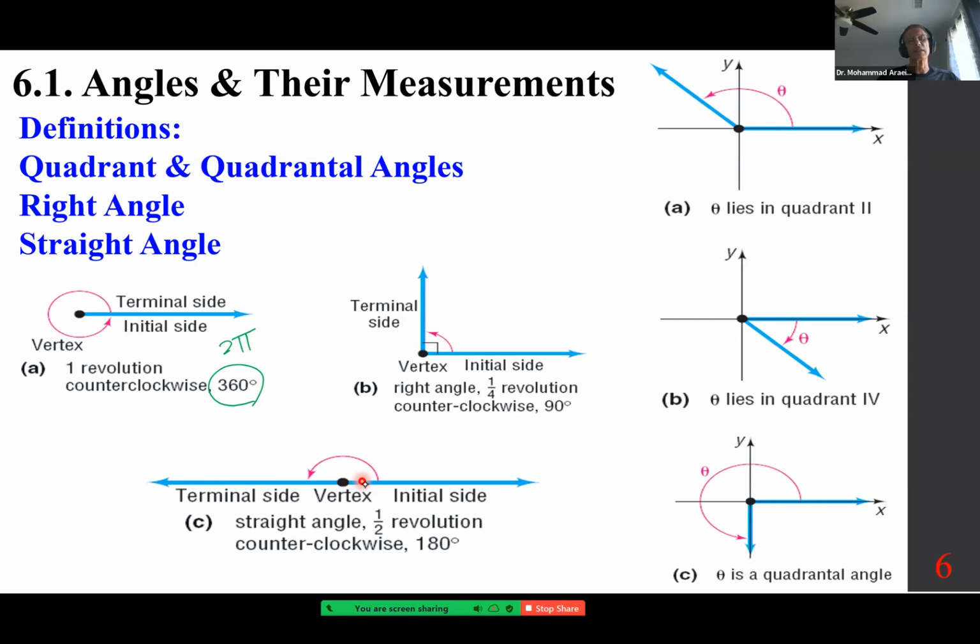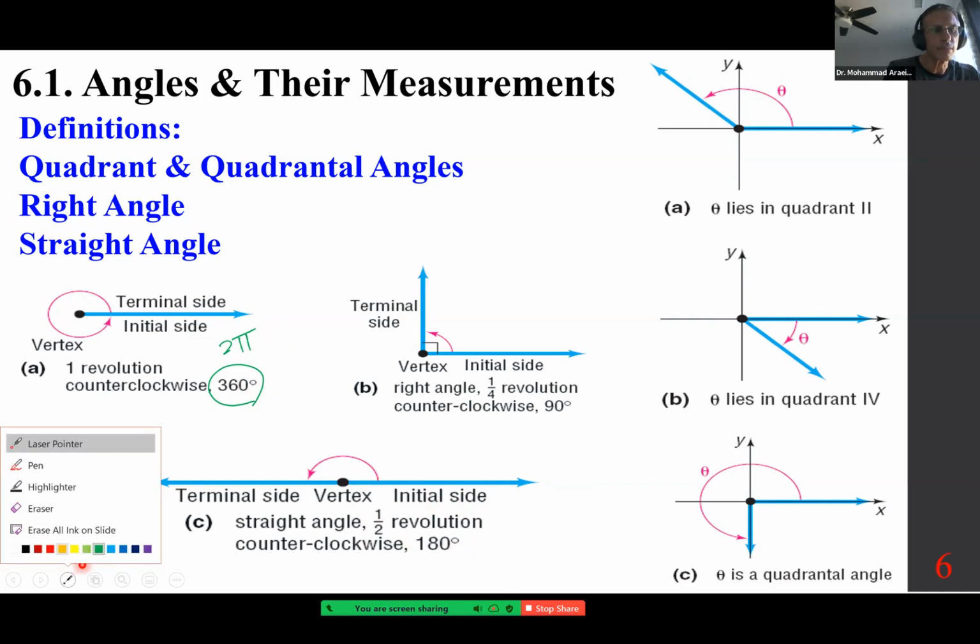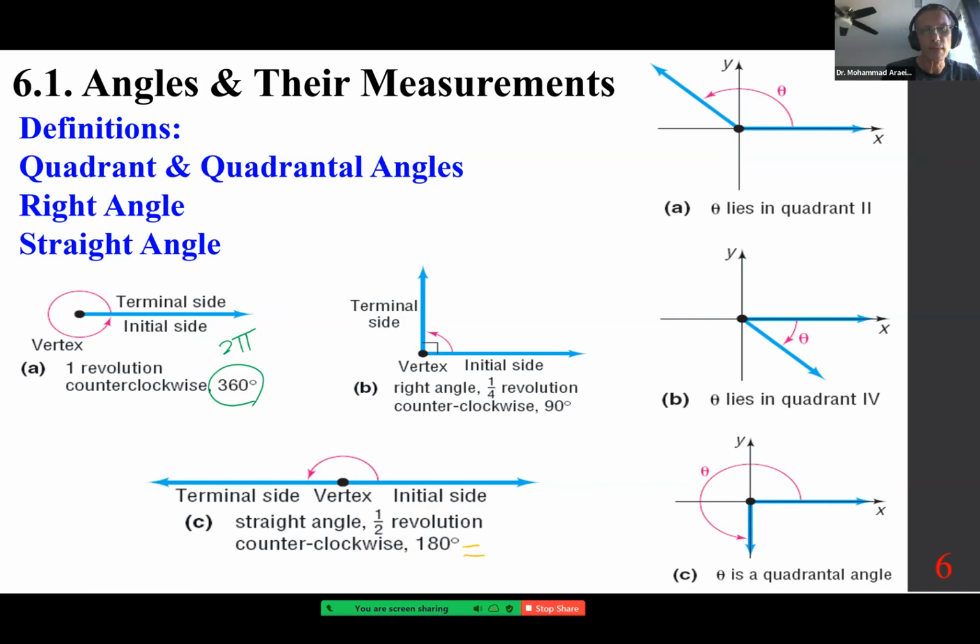This is considered a straight angle, half of a revolution, that means half of 360 or half of 2 pi. It's 180 degrees or pi radians. Either way is fine.